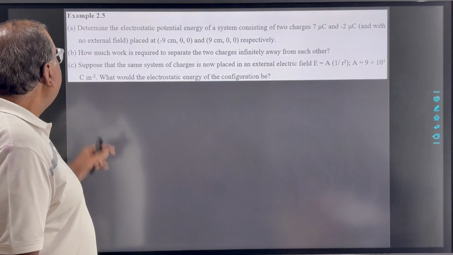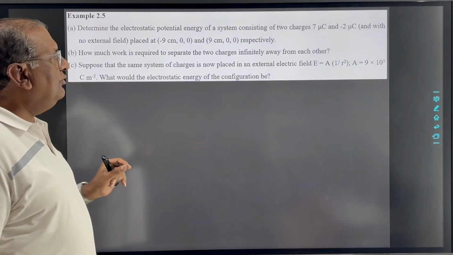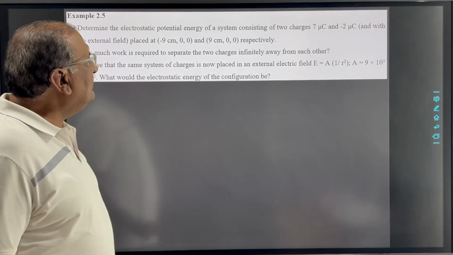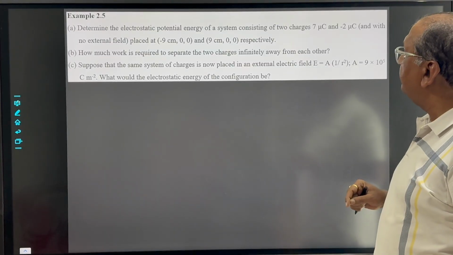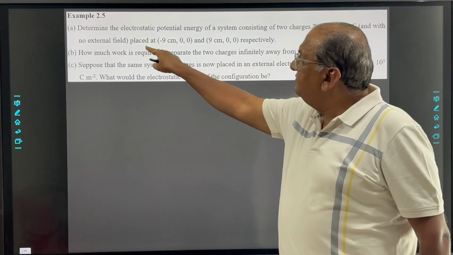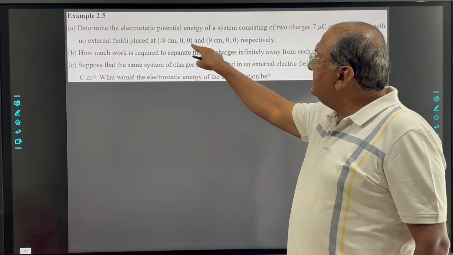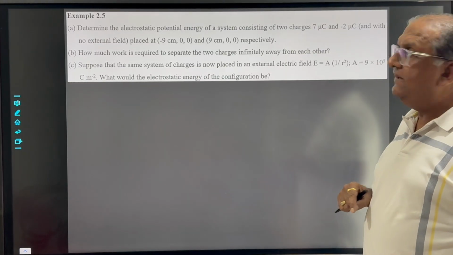Now example 2.5. A. Determine the electrostatic potential energy of a system consisting of two charges, 7 microcoulomb and minus 2 microcoulomb, with no external field, placed at (minus 9 centimeter, 0, 0) and (9 centimeter, 0, 0) respectively.